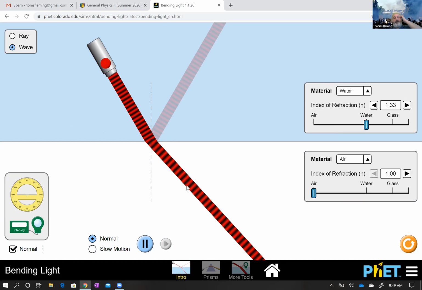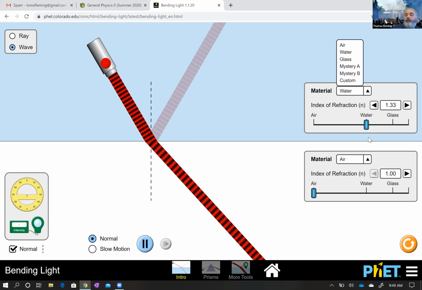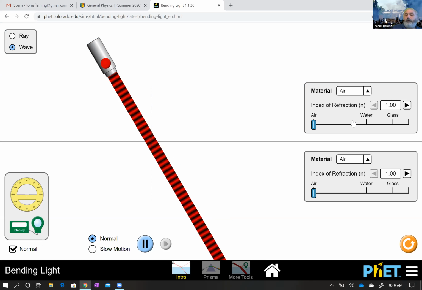But also notice the direction of the bending is different. Here, when I have it speed up, it's bending further out this direction, whereas previously the bending was in the other direction.